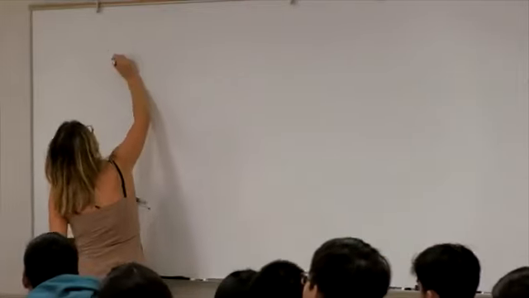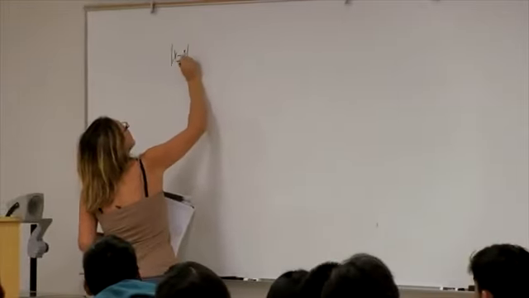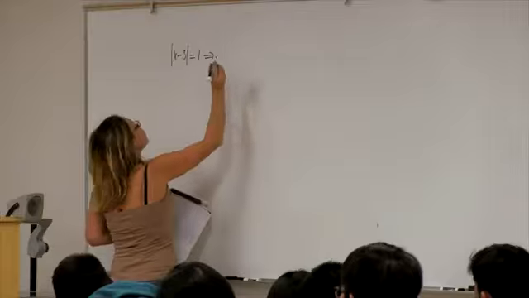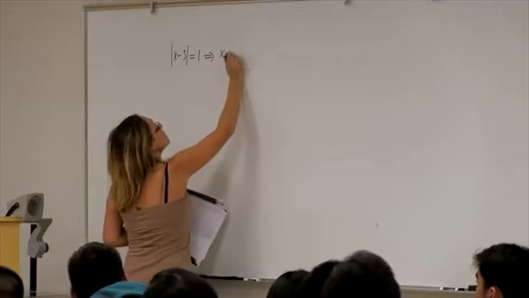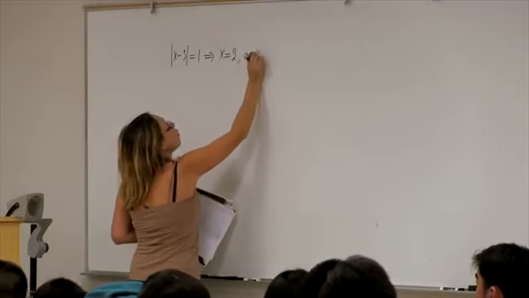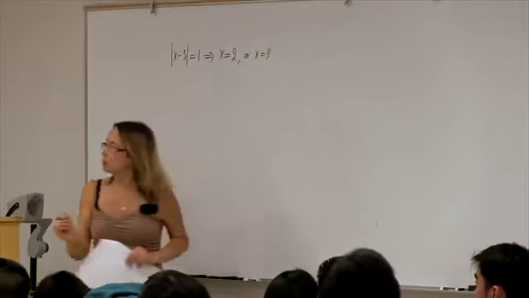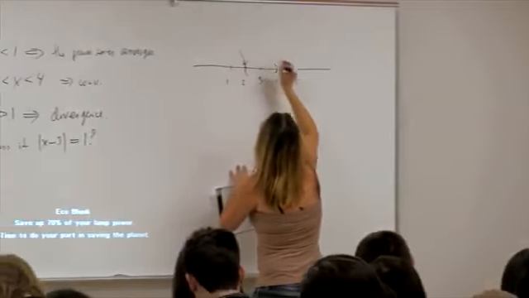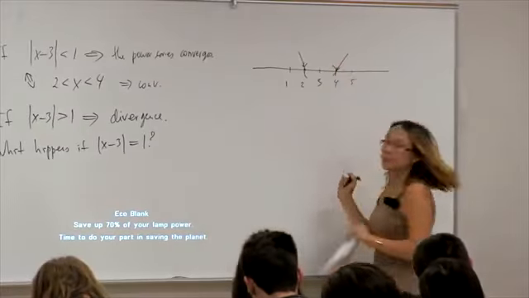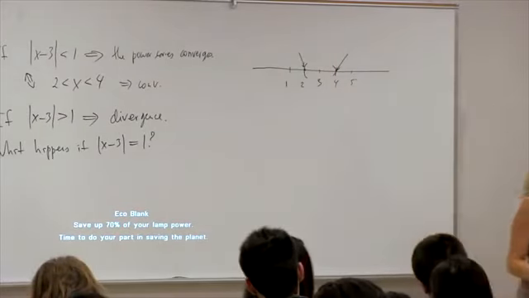So when the absolute value of x minus 3 is equal to 1, what does it mean? It means that x is either equal to 2 or x equals 4. These are these 2 points, the borders of this interval.